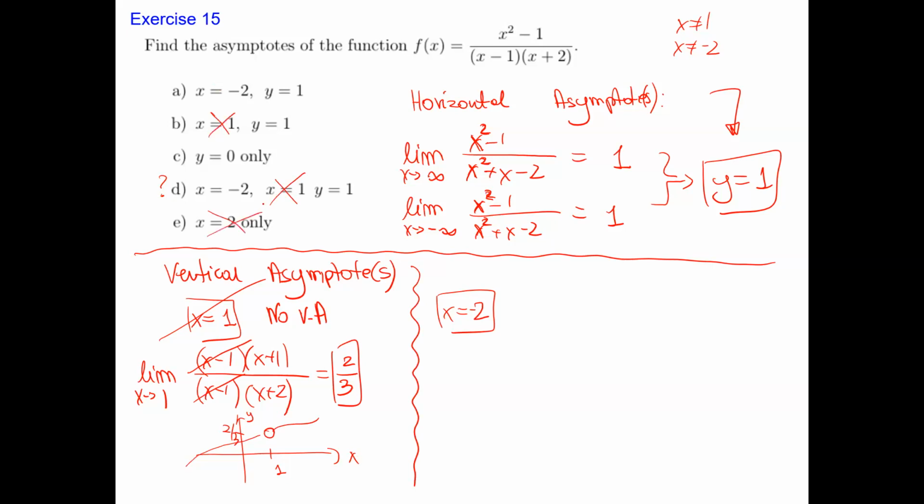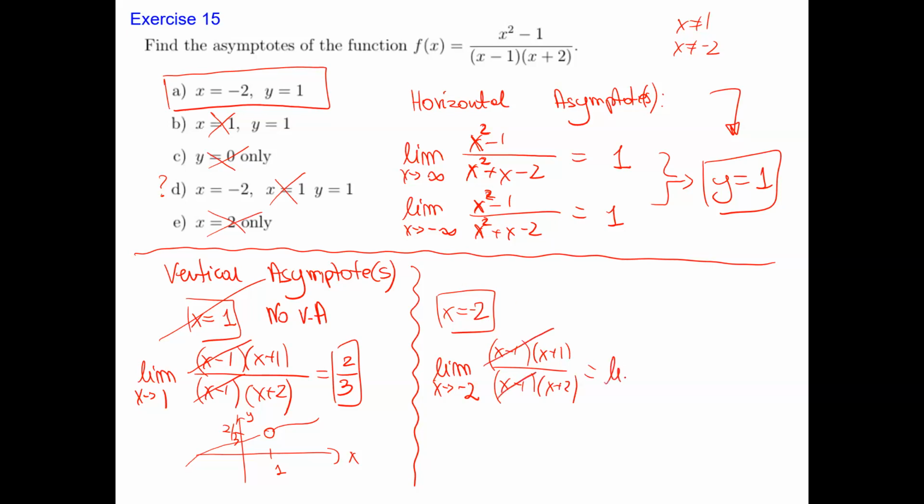Of course, this is not an option. So probably this one, right? But I don't know, because that's the only option that we have. 0, no, 0 is not it, but let's check. If I compute the limit at -2 of (x minus 1)(x plus 1) over (x minus 1)(x plus 2), we eliminate the 0 in the first, but not this one.